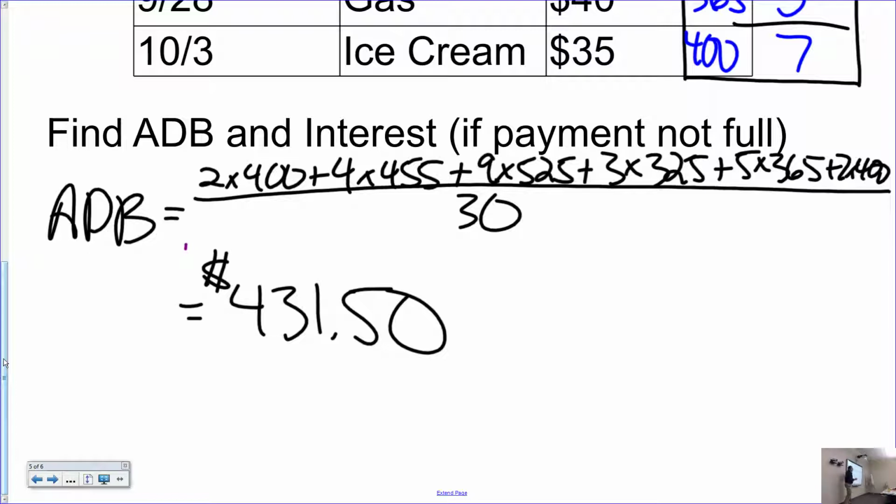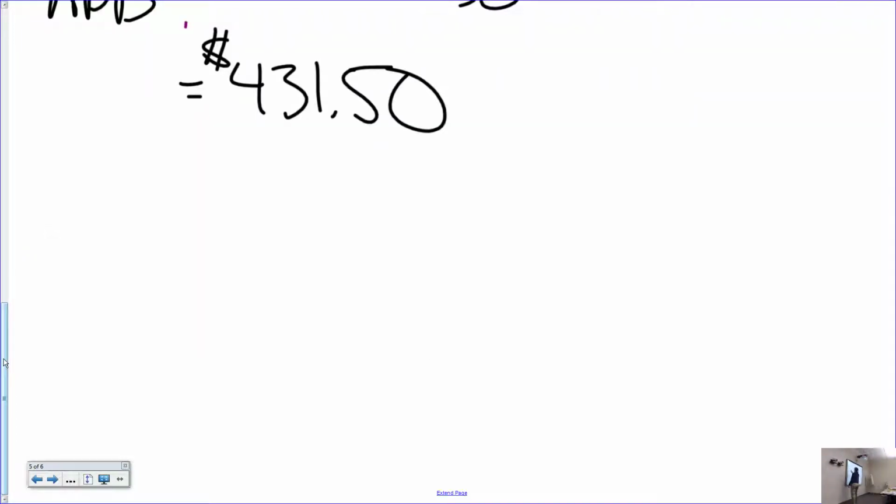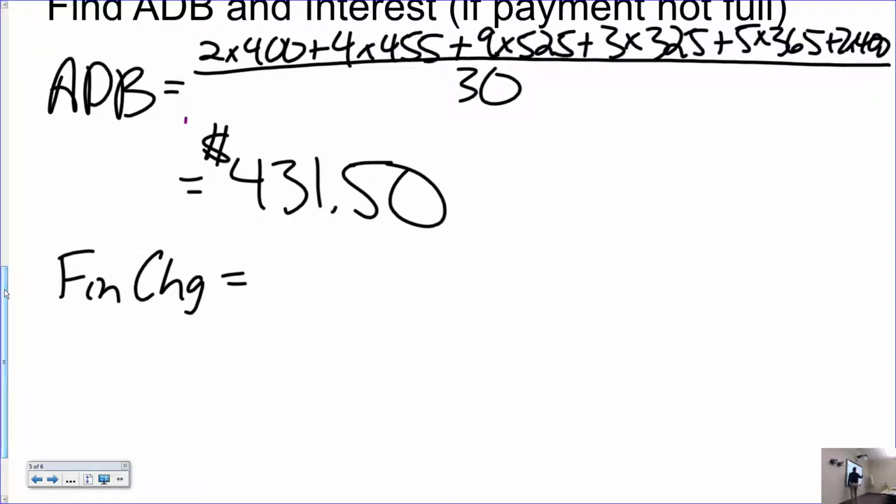So, if we did not pay our bill in full, if we did not pay the $400 in full, and again, folks, it doesn't matter how much, as long as it's not the $400, you owe interest based on the $431.50. So, how would we calculate interest? It's I equals PRT. What was the principal? 431.50.